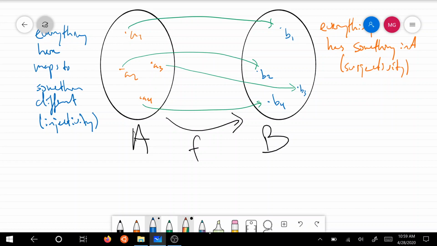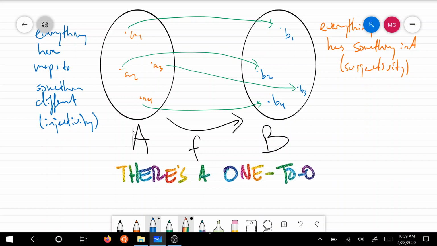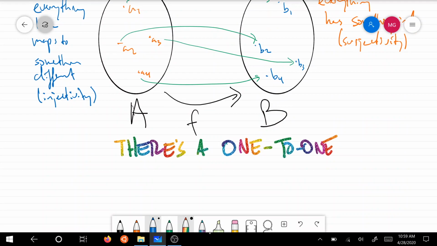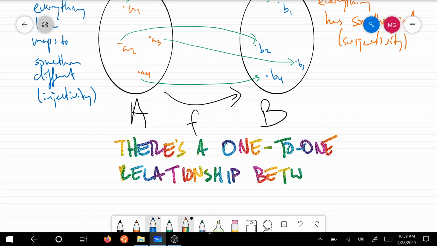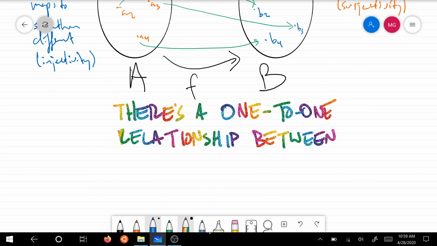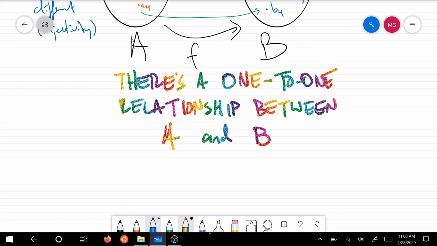I'm going to write this in my rainbow pen because it's such a big deal. One-to-one relationship between A and B. One-to-one, sort of like there's exact matches.